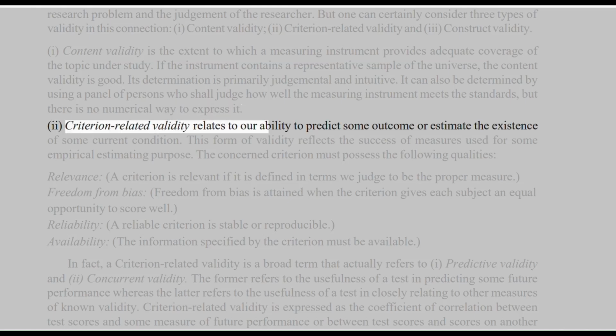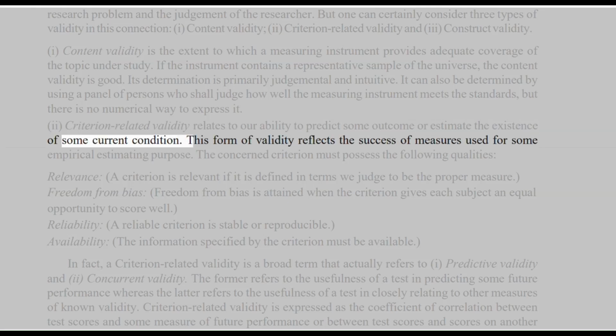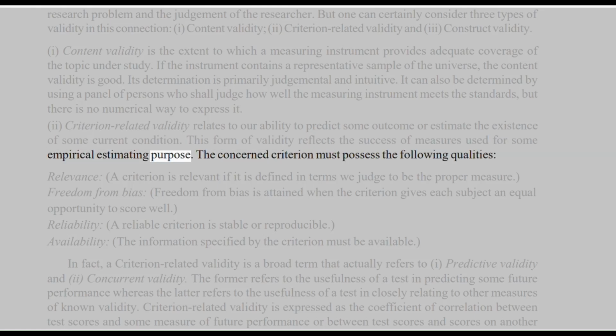2. Criterion-related validity relates to our ability to predict some outcome or estimate the existence of some current condition. This form of validity reflects the success of measures used for some empirical estimating purpose. The concerned criterion must possess the following qualities. Relevance.